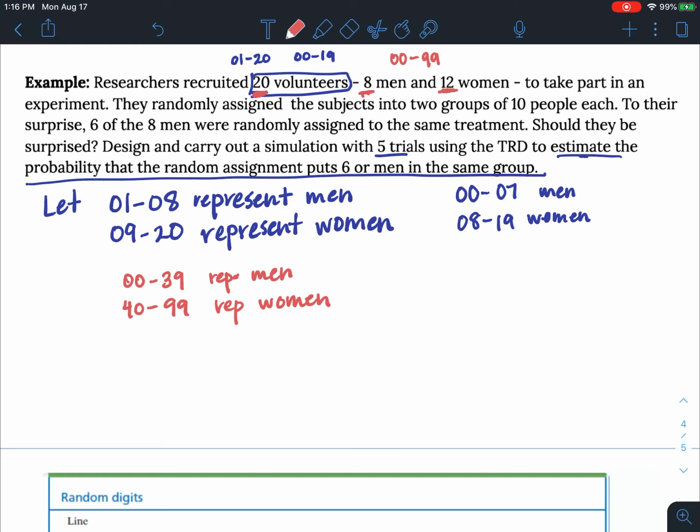Because 8 out of 20 is 40%, and that's 40 digits. And 12 out of 20 is 60%, the same proportion of women, and that's 60 digits. So it's the same chance, but in this case, since we're using all 2-digit numbers, 00 through 99, we would have no discards.